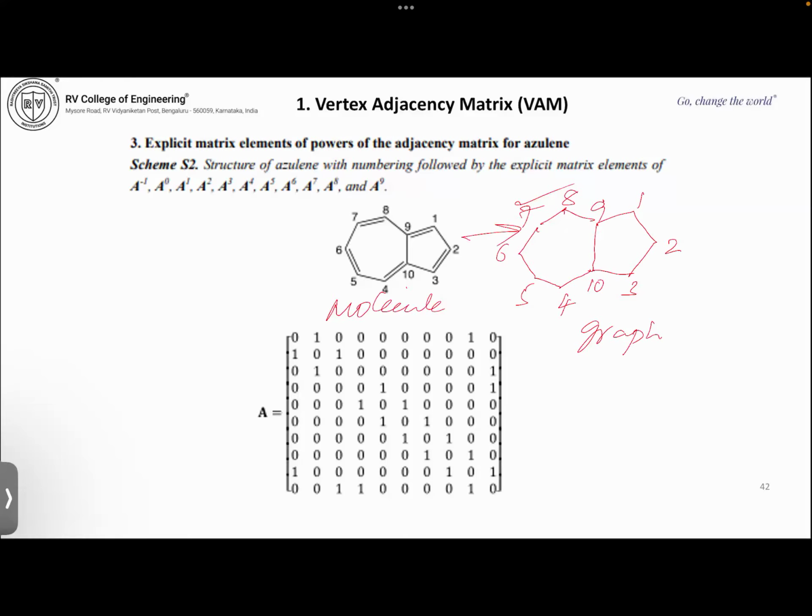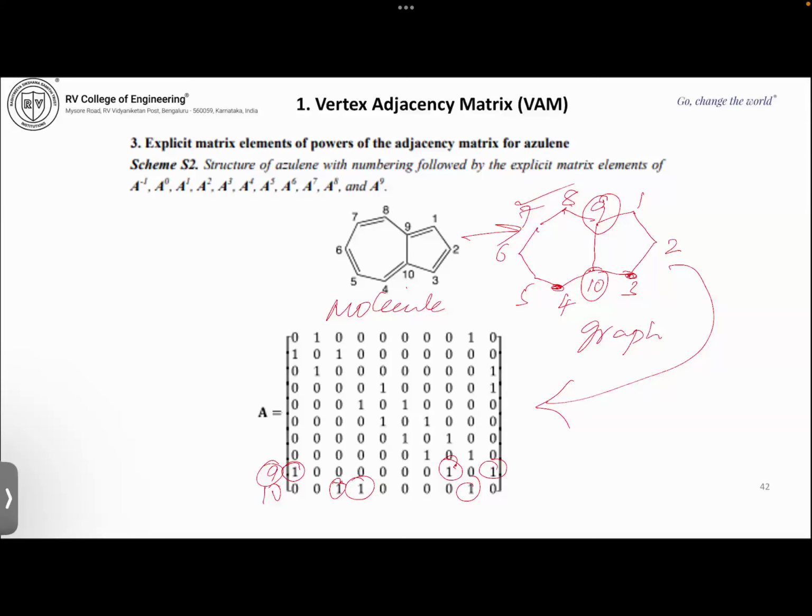So this is being converted to a graph, and the graph is being converted to a matrix. You can see that 9 is adjacent to 1, 8, and 10. And similarly, 10 is adjacent to 3, 4, and 9.